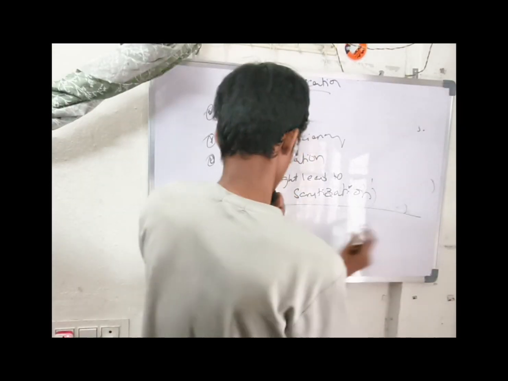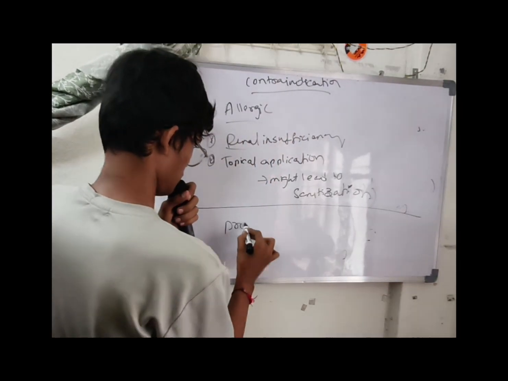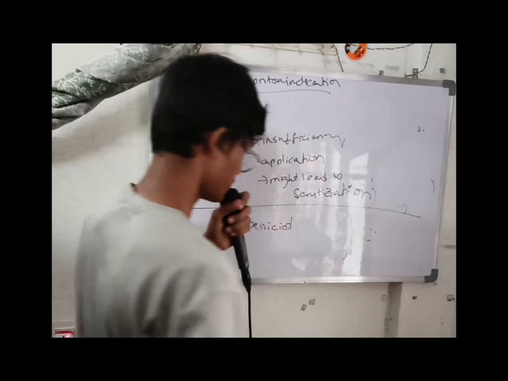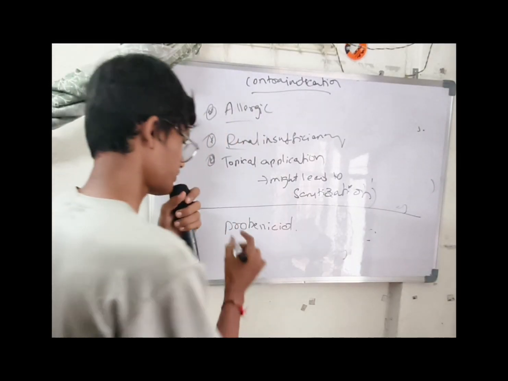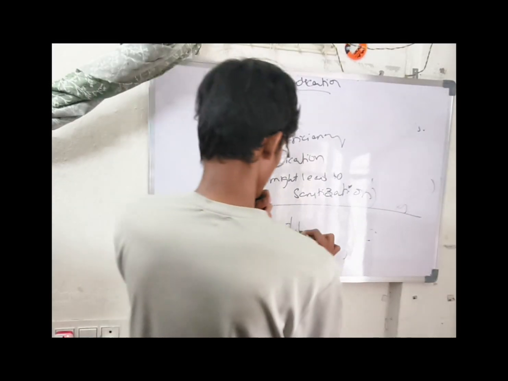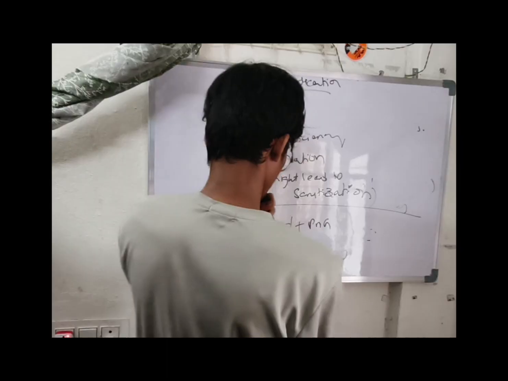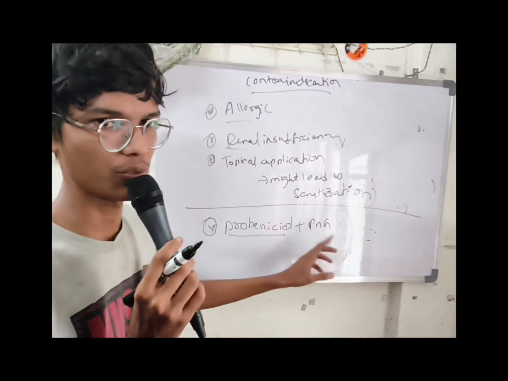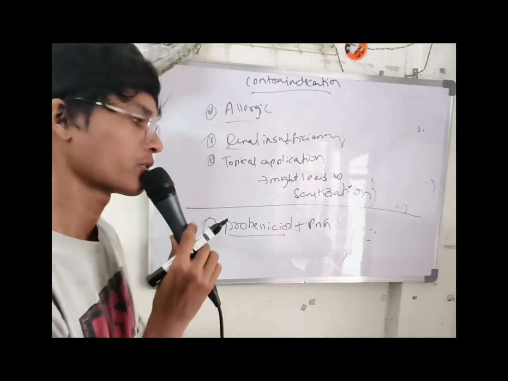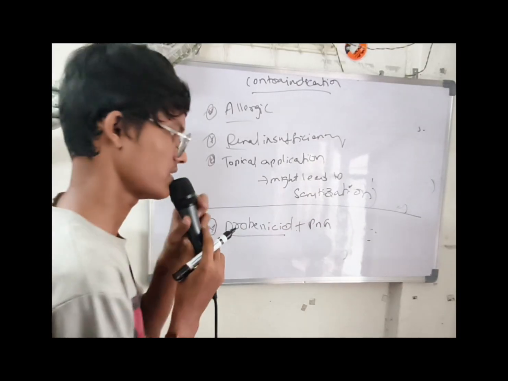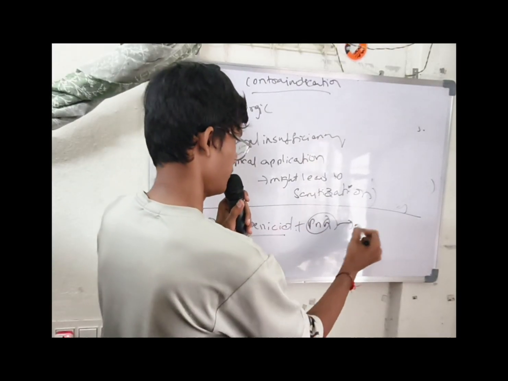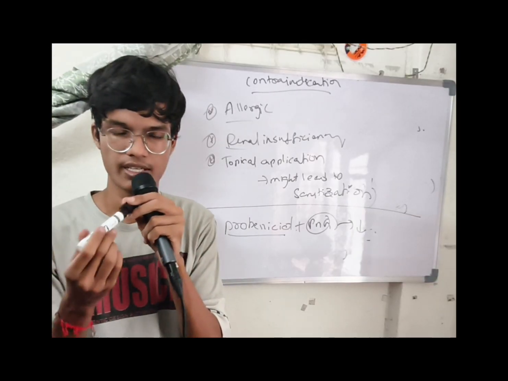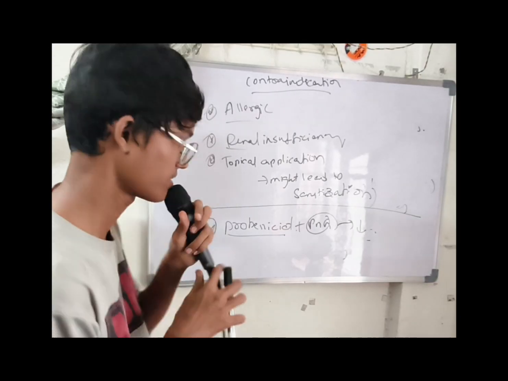What are the drug interactions? Probenecid, which is a uricosuric used in gout: if you give it with penicillin G, what happens? Probenecid competes with penicillin G to be excreted by the tubular cells. So the excretion of penicillin G will be decreased, the quantity of penicillin G in the blood will increase, and it might lead to severe toxic effects.